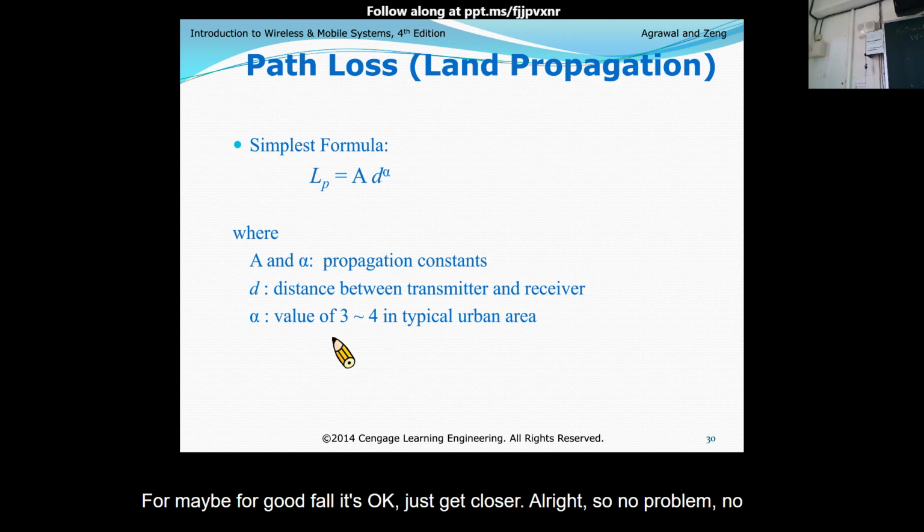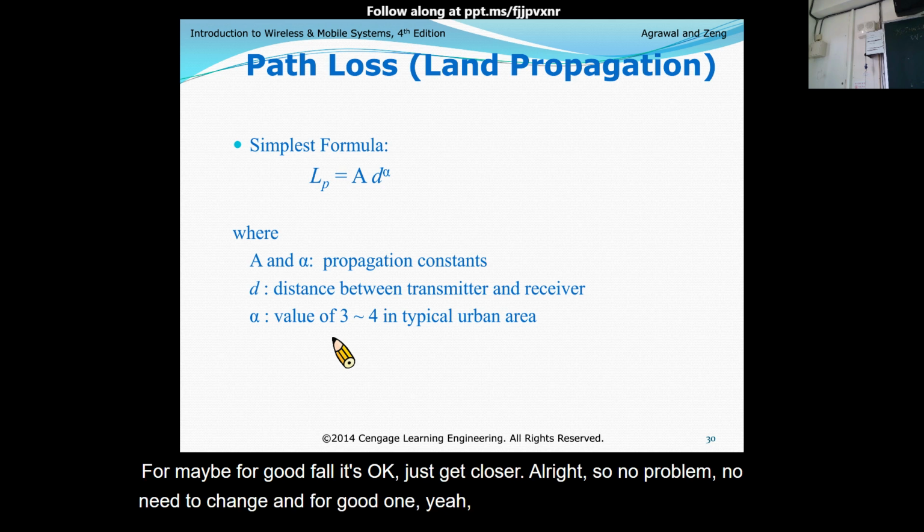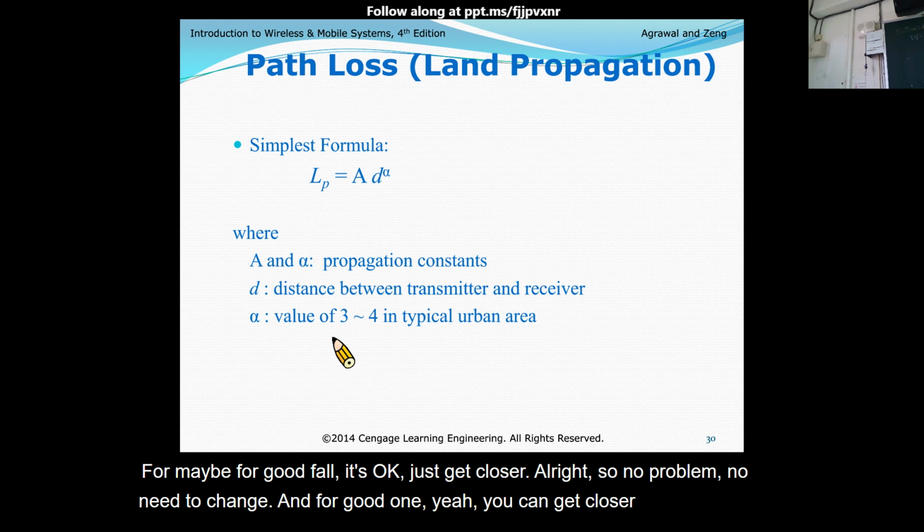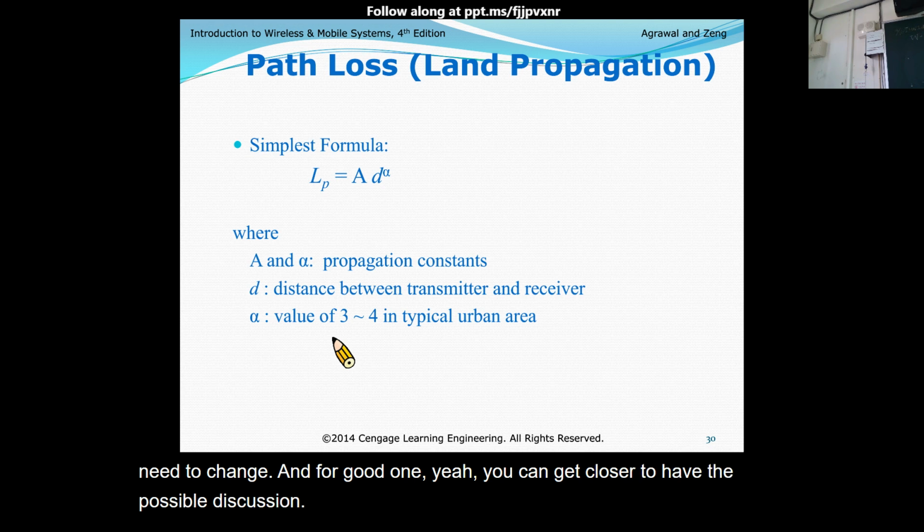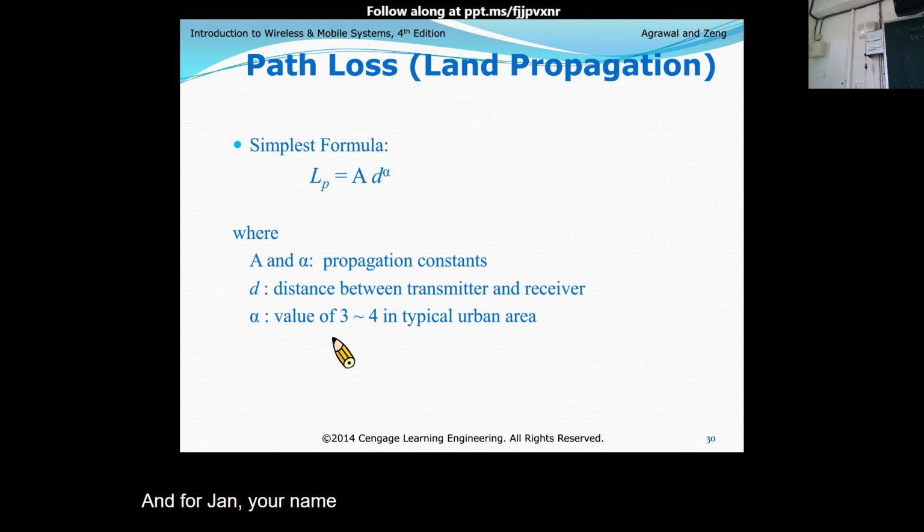And for group 1, yeah, you can get closer to have the possible discussion. And for Jen, your name is Jen? Okay, sure. And feel free to have the discussion for the current items. And you can get closer.